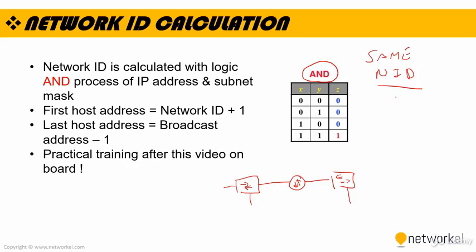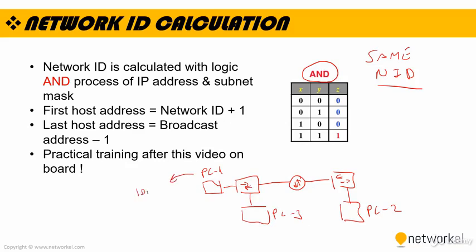If network IDs are the same, I never send the packet to the default gateway and I can connect over a switch. For example, this is PC1 and this is PC2 and this is PC3.